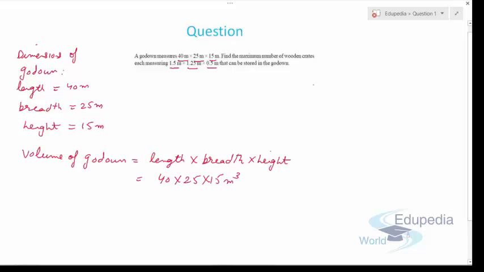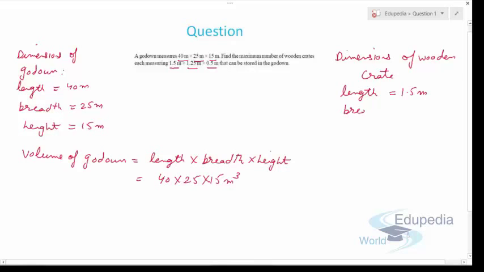Now we can write the dimensions of wooden crate: length as 1.5 meter, breadth as 1.25 meters, height as 0.5 meters.